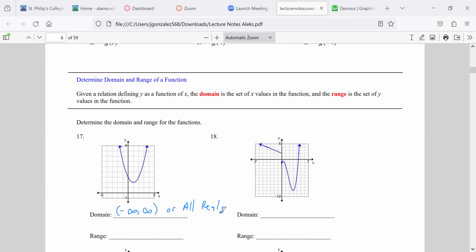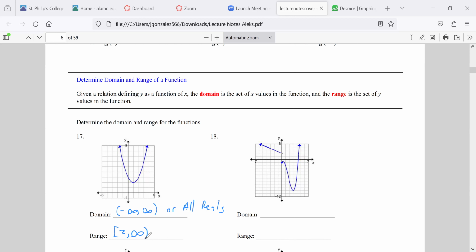Remember, domain is only the x value. Range is the y value. What is the lowest y value that you see? Looks like the 3, 1, 2 right there. Oh, it's 2. So we bracket 2 to infinity, because it keeps going up forever. So we put a bracket because we start right there and then keep going.